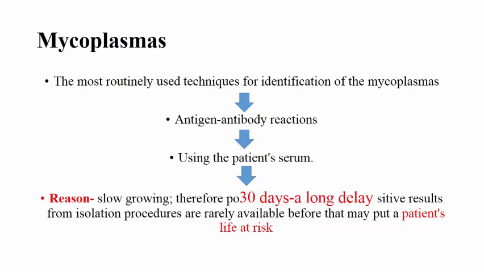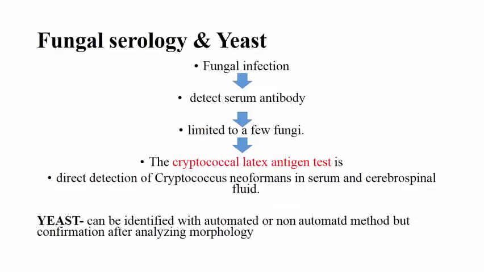Through the agglutination method, the antigen and antibody will react and they will instantly diagnose that the person is suffering from mycoplasma infection. The same is observed with fungal infection as well as yeast infection. If you are using the agglutination test for yeast infection, we need to confirm it through morphological identification also.